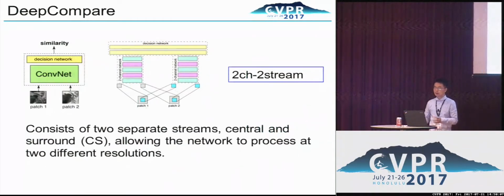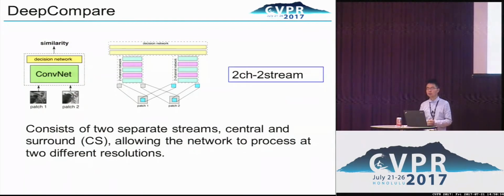Moreover, they have proposed a two-stream strategy to deal with the patch matching problem at two different resolutions. The two input patches are divided into two streams. One is a central stream operating on the central part of the input patches, while the other is a surrounding stream operating on the whole part.